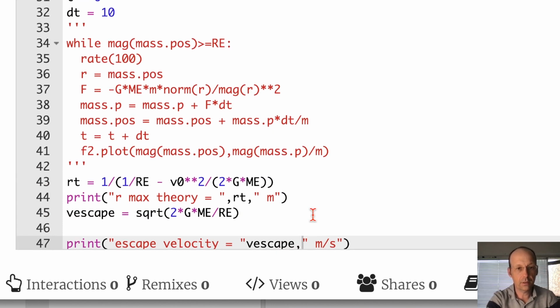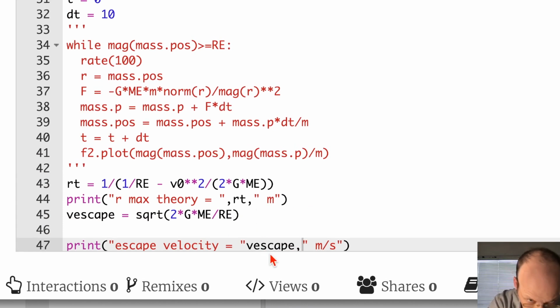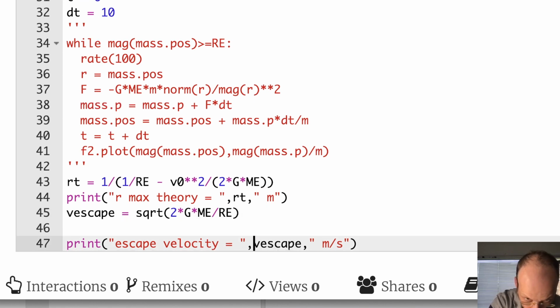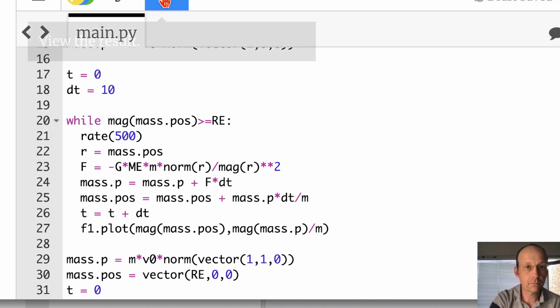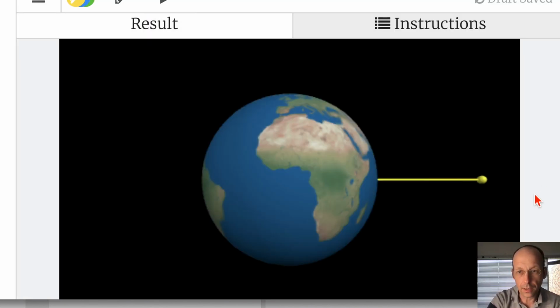Oh, no, that's right. V escape. What was the error? I'm having a lot of troubles today. Oh, I didn't put a comma right there. Okay, that must have been it. Okay, there it goes.